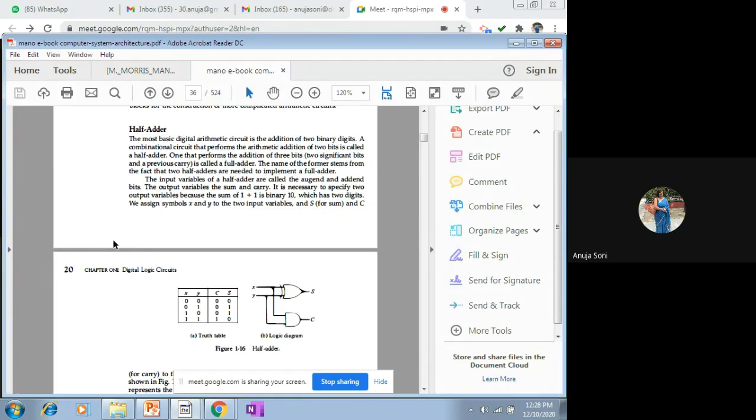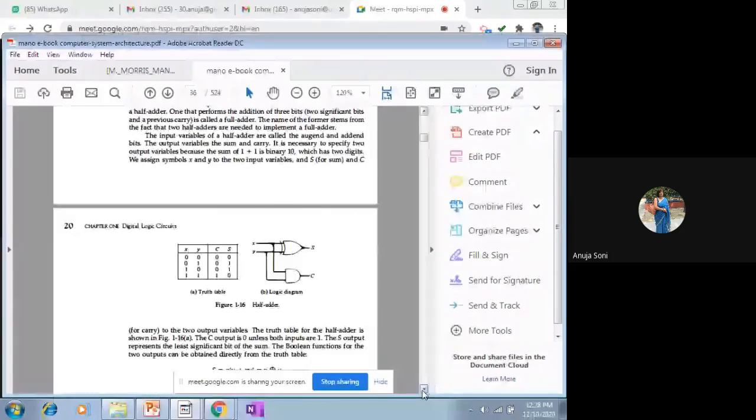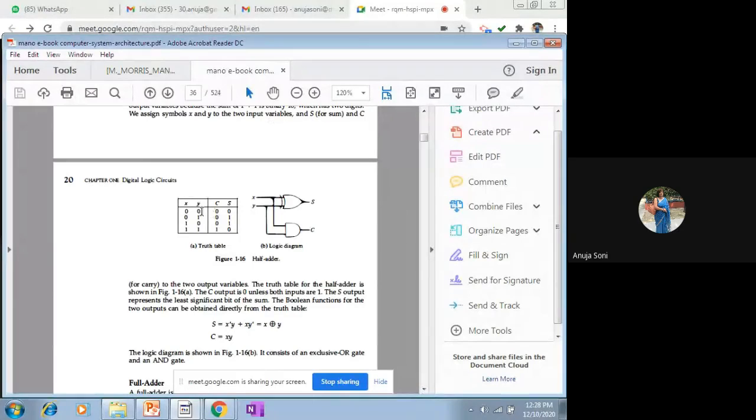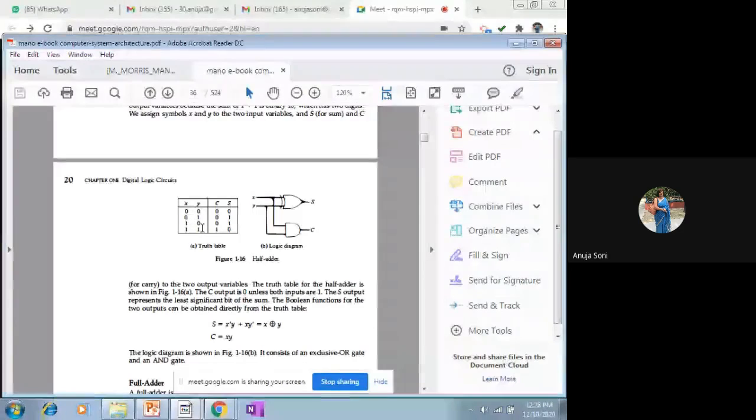Okay. And now we come to the half adder, the truth table of the half adder. It says two input variables are there. One output is carry, another output is sum. I already explained that. How many possible combinations will there be? 00, 01, 10, 11.